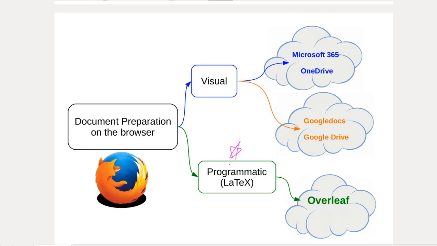All of these are actually quite easily done in a LaTeX programming environment, which is for document preparation, which is fully free. And there is a service available on Overleaf, which is a browser based service to make this LaTeX document preparation quite easy.